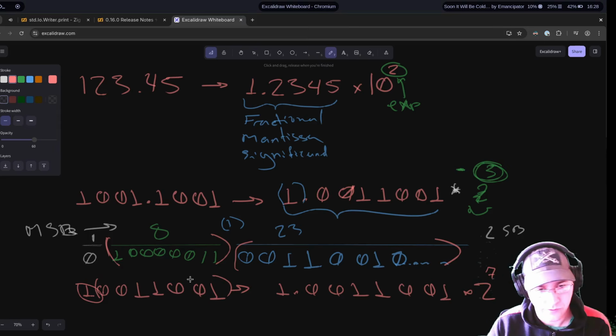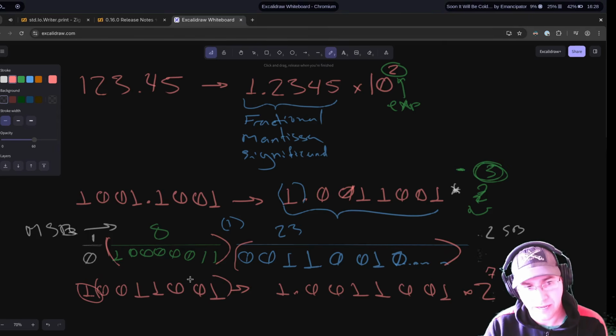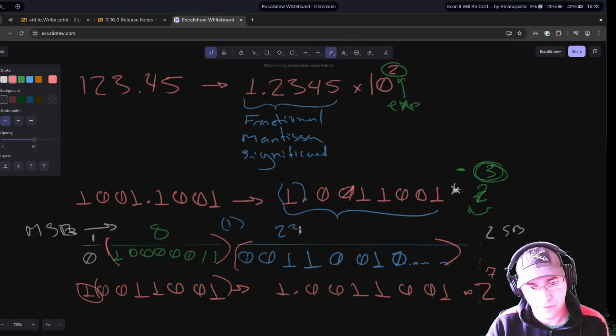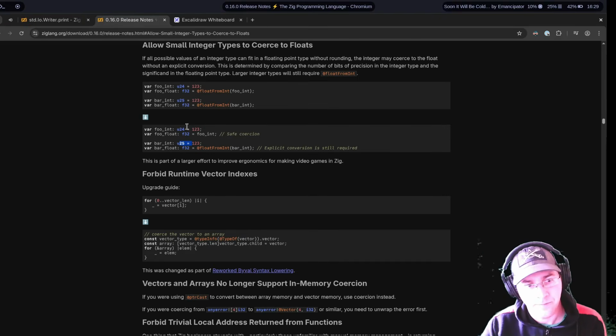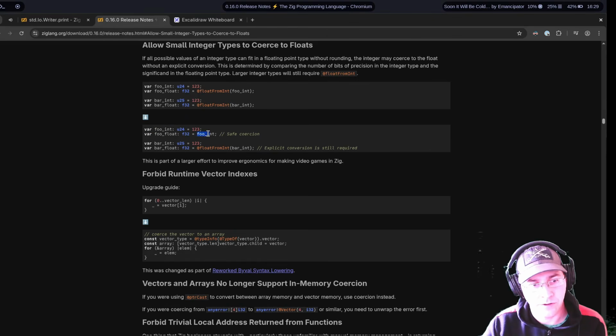And so we can learn that any 24-bit number is encodable inside of this floating point number, because we have 23 bits to work with here, plus that leading one as the 24th bit. And that is how, as we see in the release notes, we're able to guarantee that this U24 is encodable in a floating point F32 value.